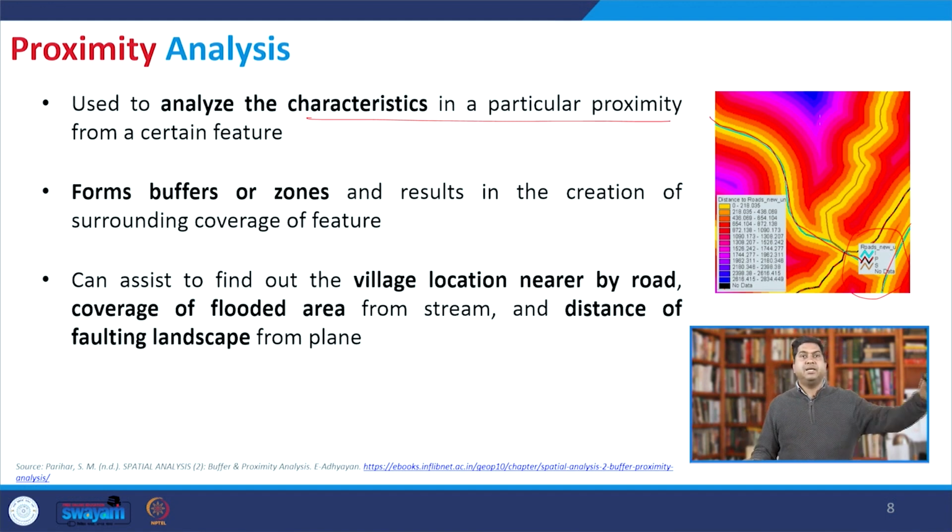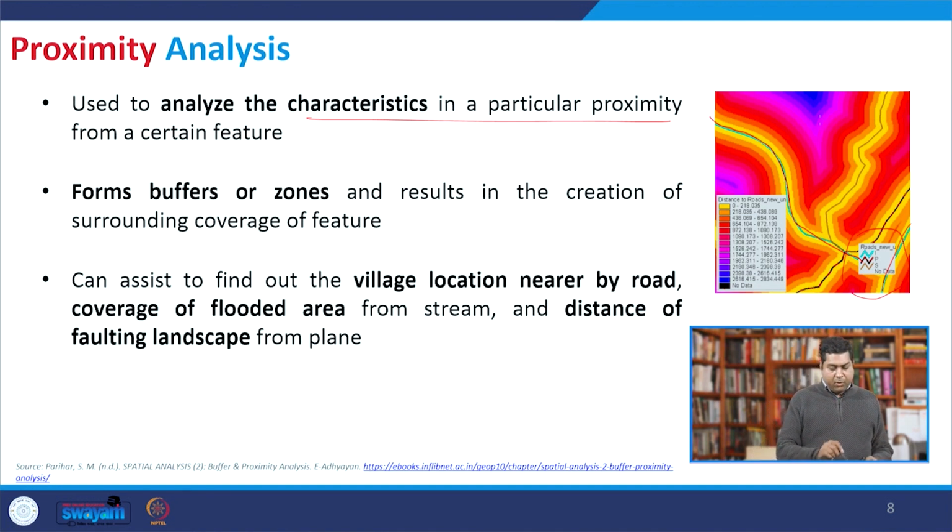Up to certain kilometer I am happy to go, beyond that it will lose that attractiveness. Suppose I give you example of shopping mall. If it is close, nearby, and if it is away from my residential location, my home, after certain distance probably it will lose that particular attraction from my side. So this is something you can say the proximity.